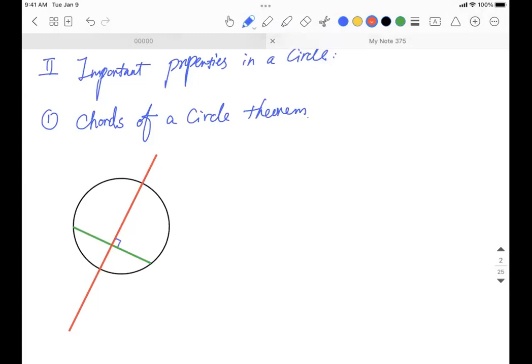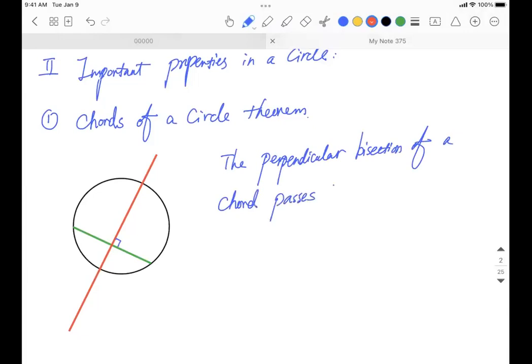Okay, so I'll say the perpendicular bisection of a chord must pass through the center of the circle.